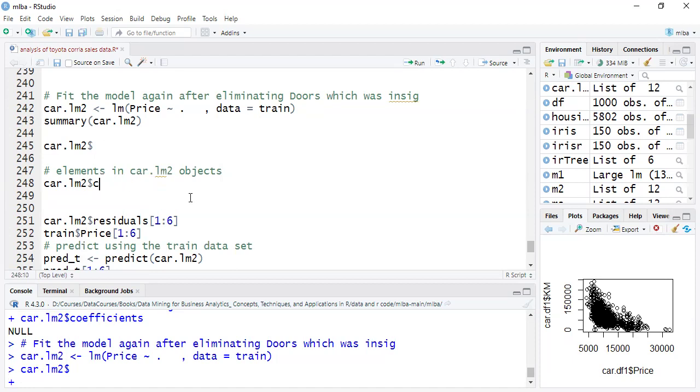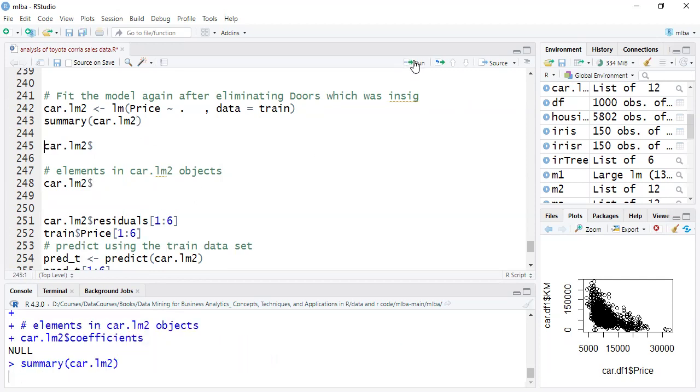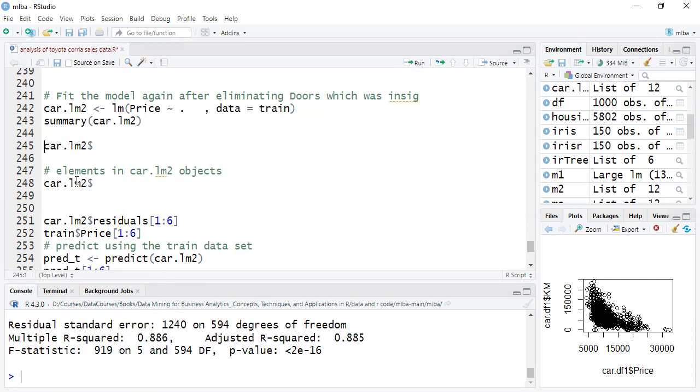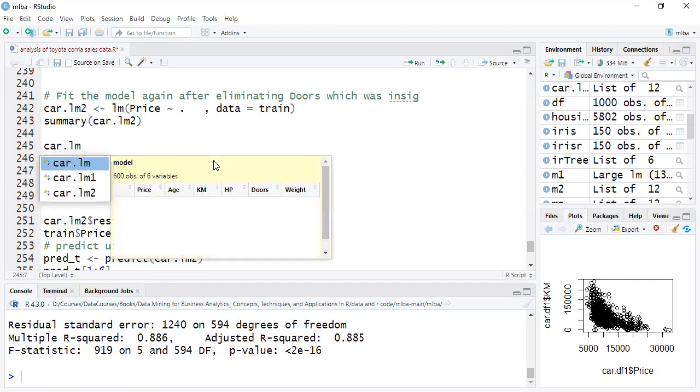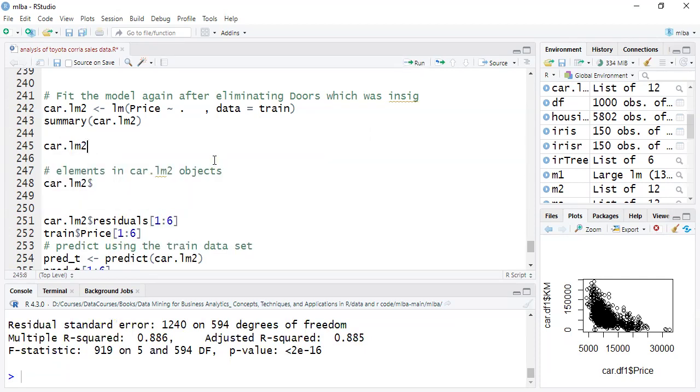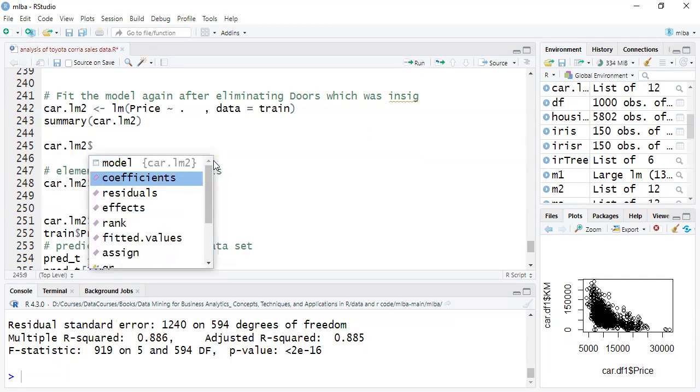Understand what the error is. Dollar car.lm2. There is an error in car.lm2. Summary car.lm2. It's working. car.lm2 dollar coefficients.